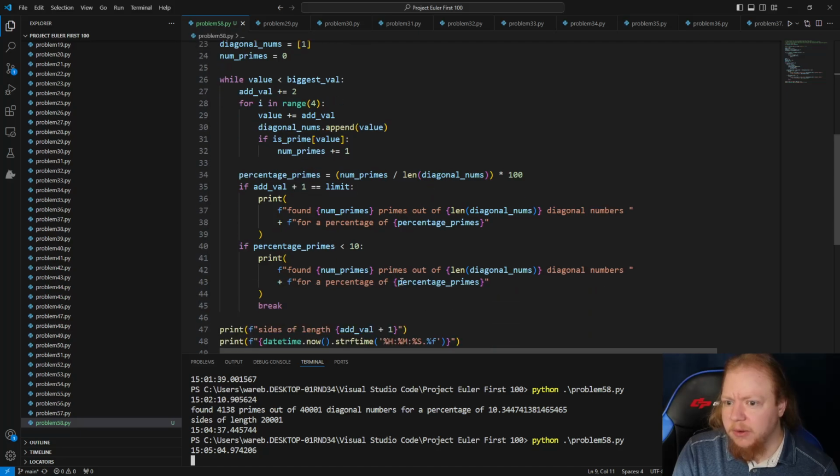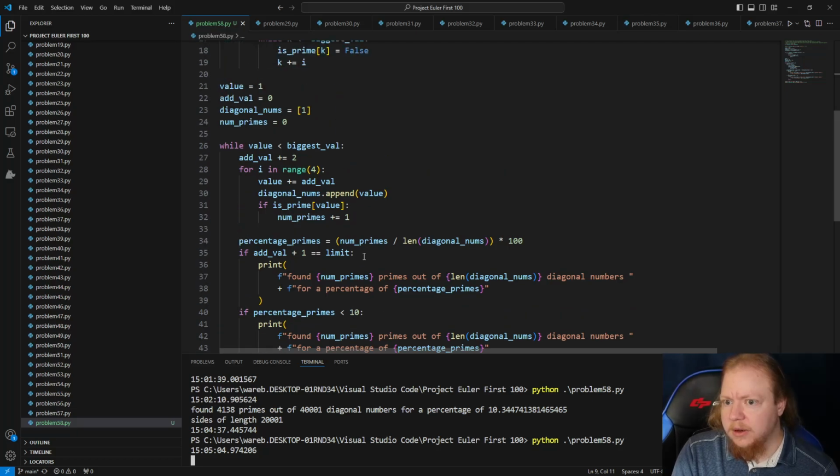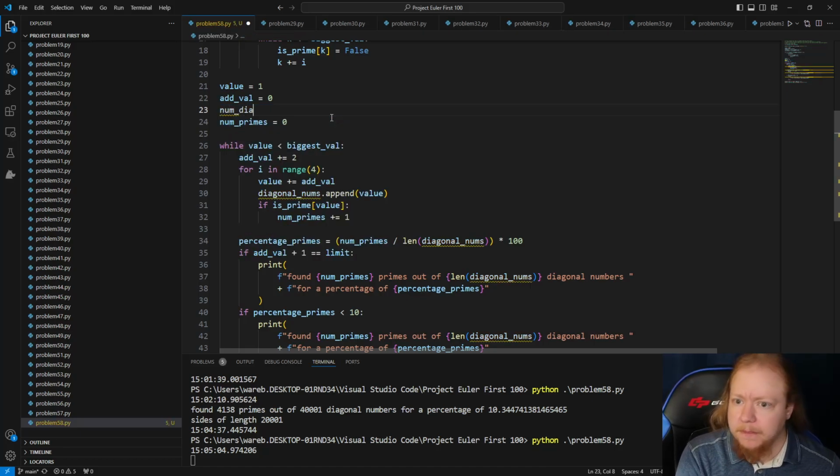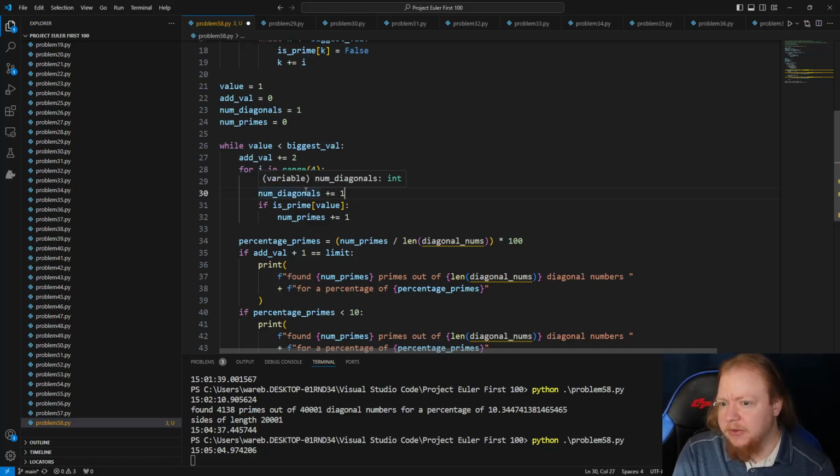What's a good way to reduce this, perhaps? I'm not sure... Oh, you know what? Instead of this... diagonals equals 1. I don't know if that would beat us up very much, but it should help a little bit.